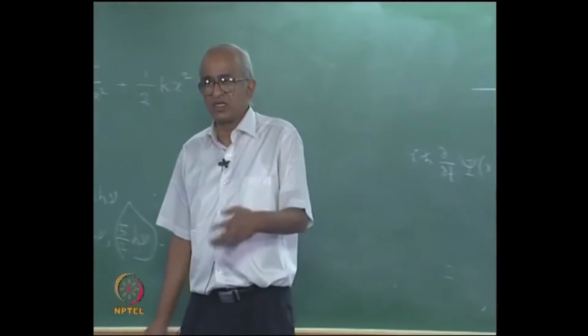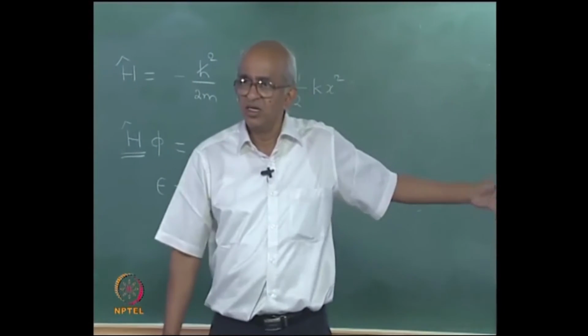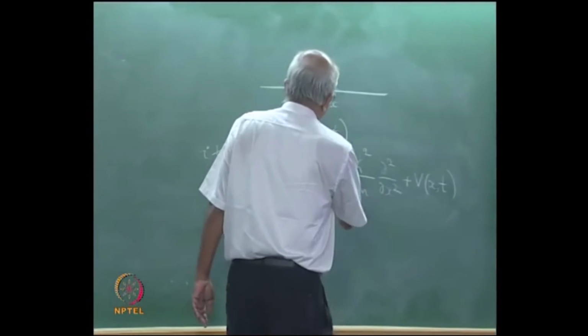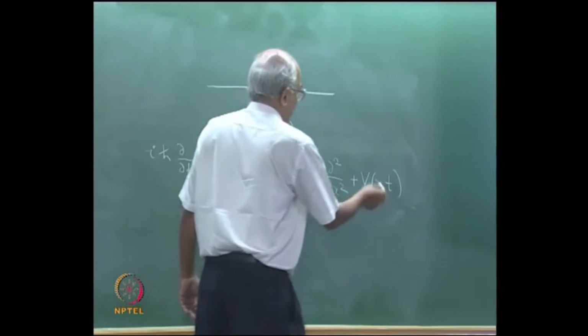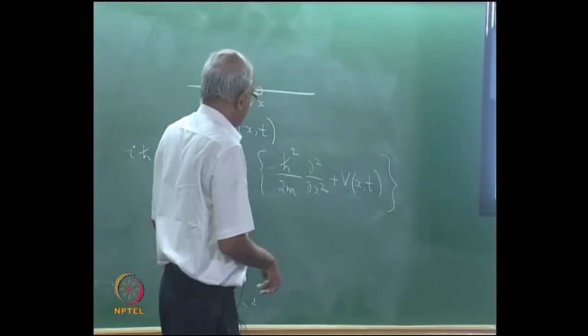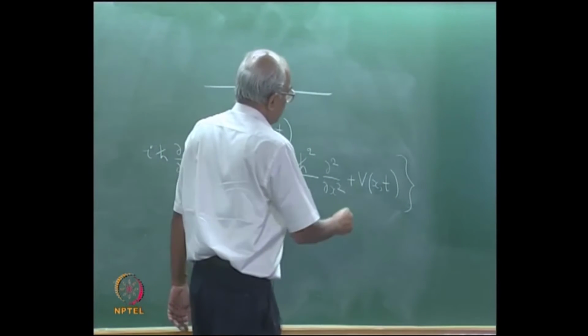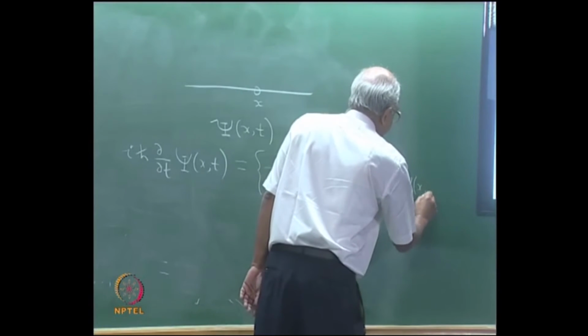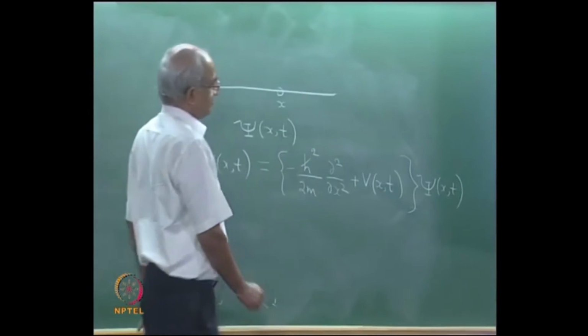If you have a potential which changes with time, then it will be V of x t, and this is your total energy, or the operator associated with total energy, and this is going to operate upon psi x t. So, this is the equation.